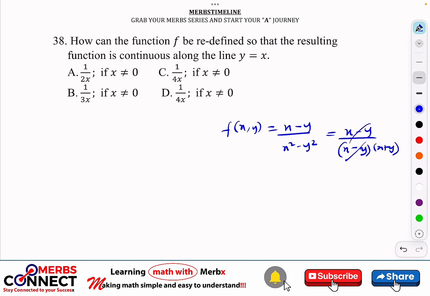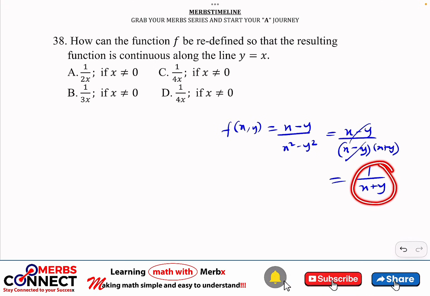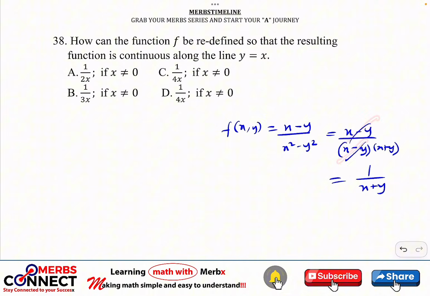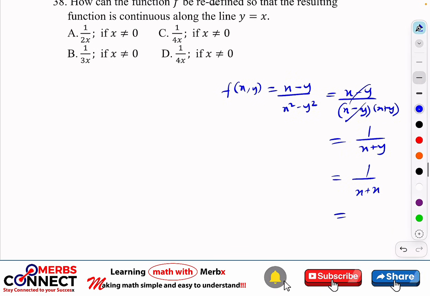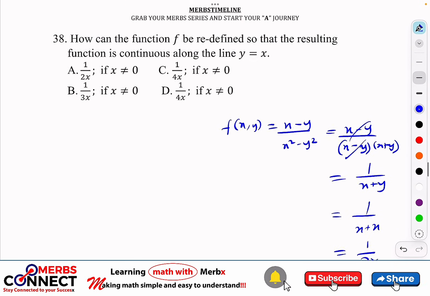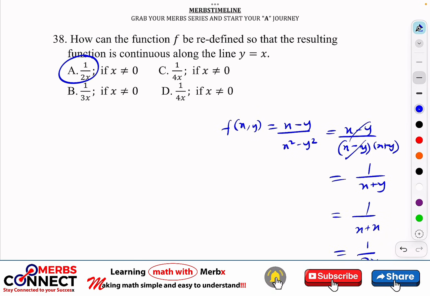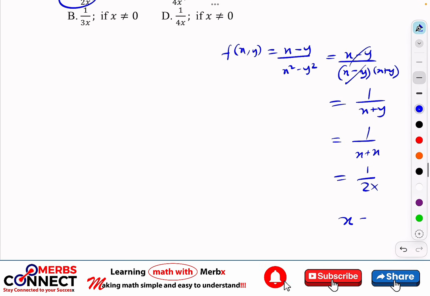So this will cancel this and we can have 1 over x plus y. So now when we redefine the function by doing cancellation, then x is equal to y. If x is equal to y, then 1 over x plus x gives us 1 over 2x, when x is not 0.